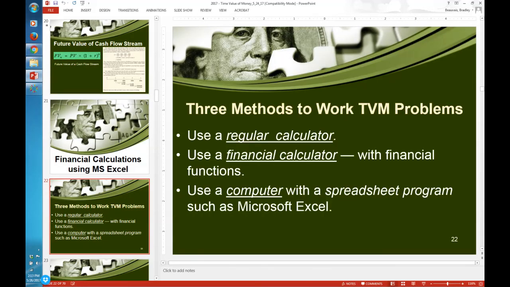Of course, we can use a regular calculator to go through the mathematical process I just showed you. We can also use a financial calculator. That's actually how I learned finance when I was going through school. But most practitioners across industries use Excel or some version of a spreadsheet program to help do a lot of the heavy lifting with the calculations we have to perform.